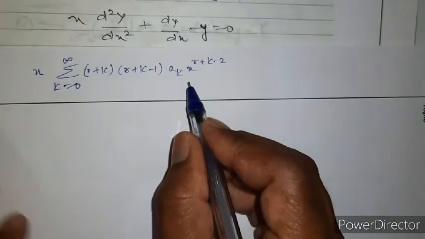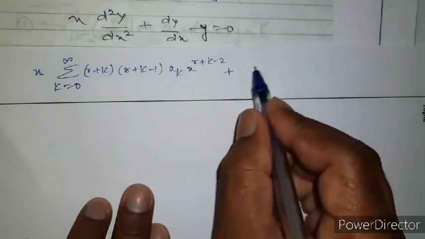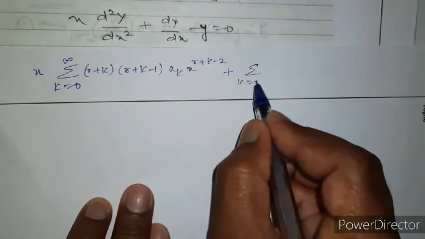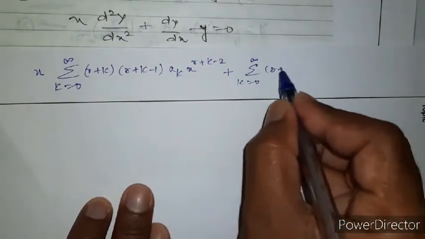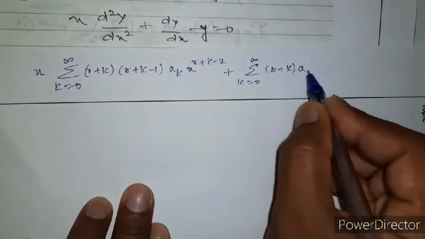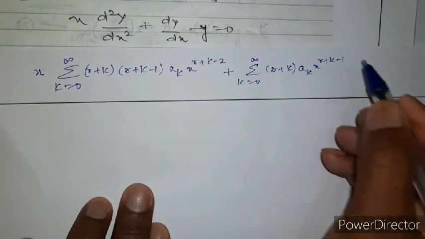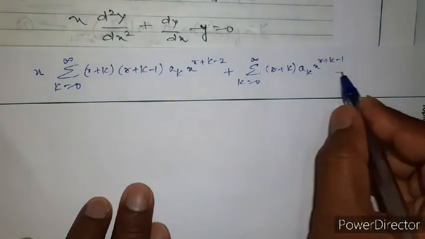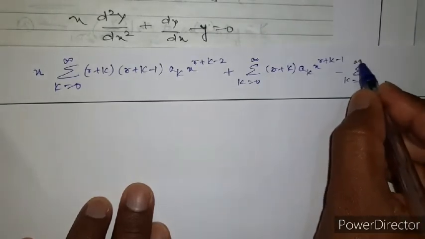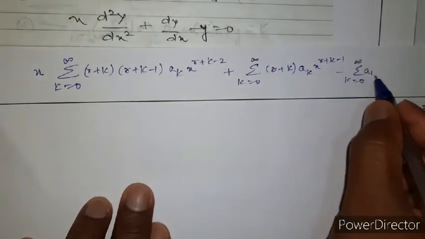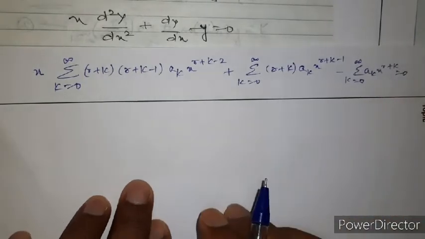This is the value of d²y/dx², plus dy/dx. dy/dx is summation k equal to 0 to infinity (r plus k) a_k x raised to r plus k minus 1, and the last term minus y, that is summation k equal to 0 to infinity a_k x raised to r plus k, is equal to 0.